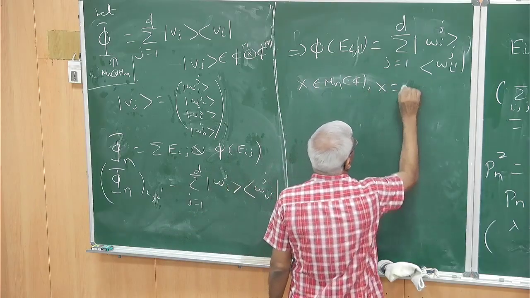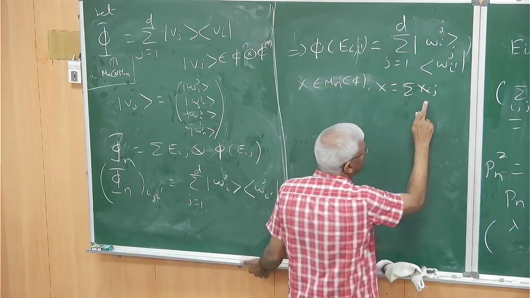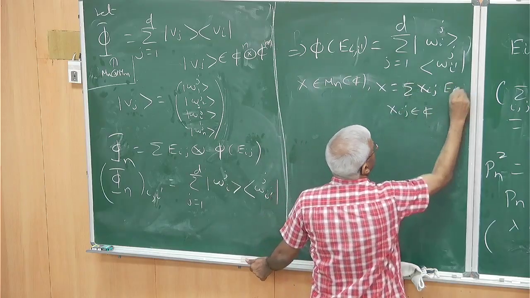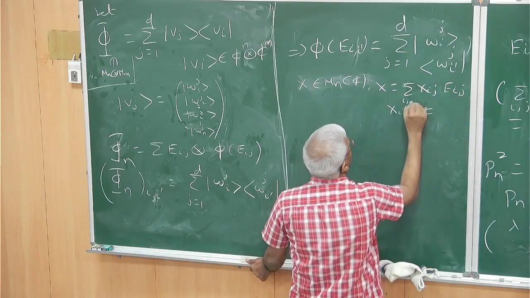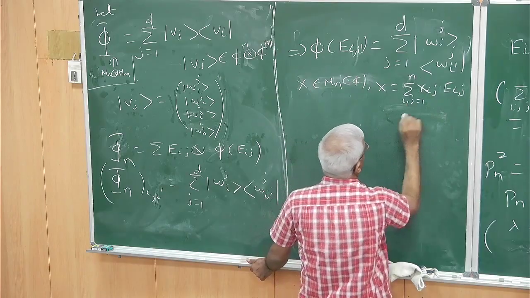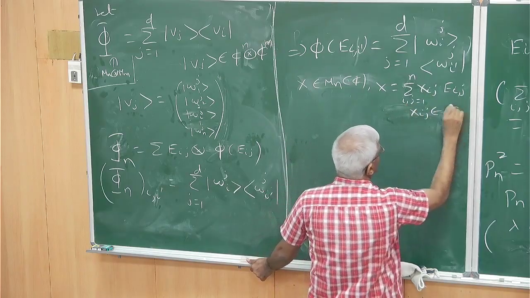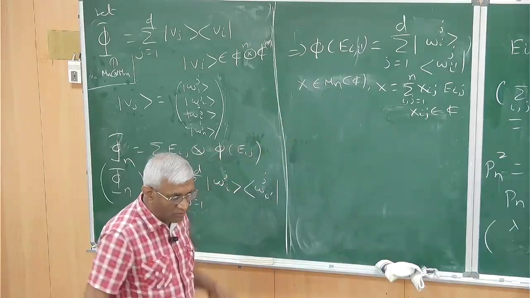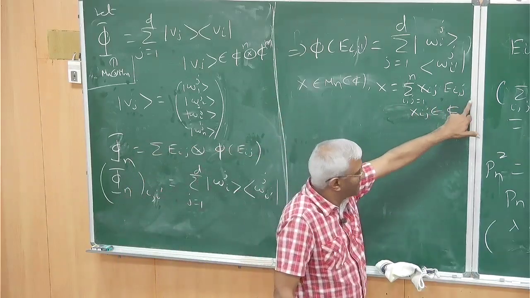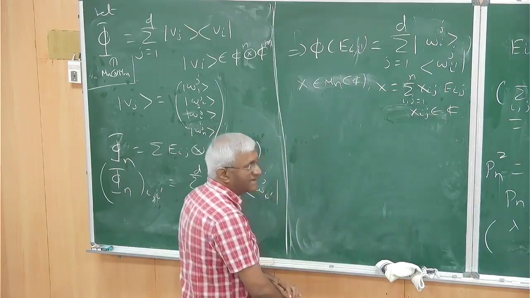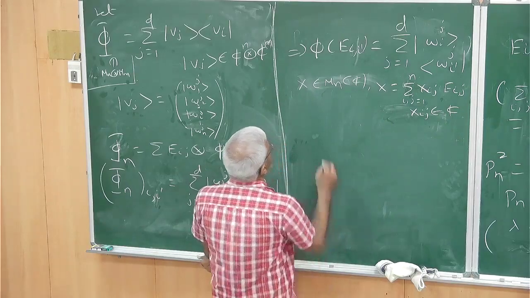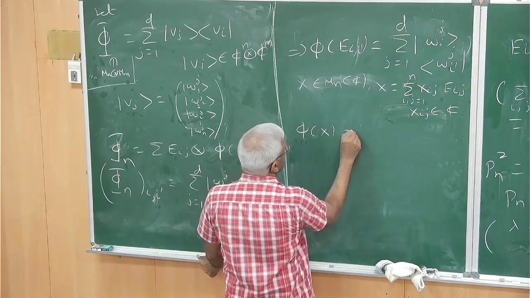Of course, x will look like this: x_ij, these are numbers, times e_ij. Any x in M_n(C) will look like this. I'm writing e_ij so I don't get confused with the cross product. So phi of x is going to be just the summation of that.